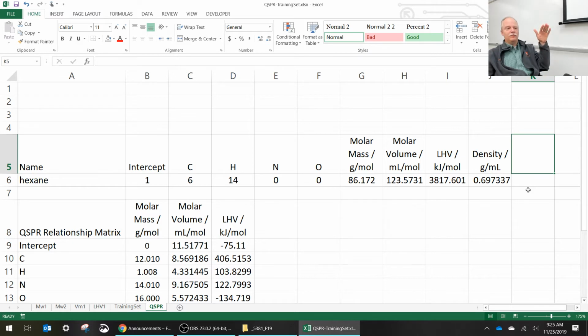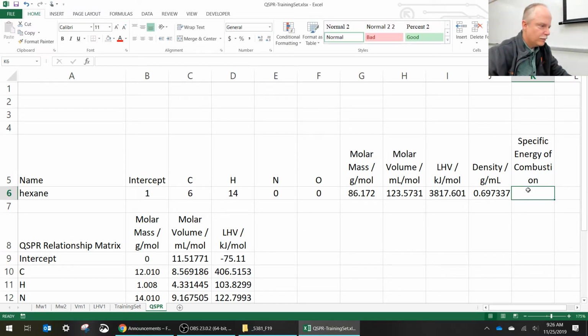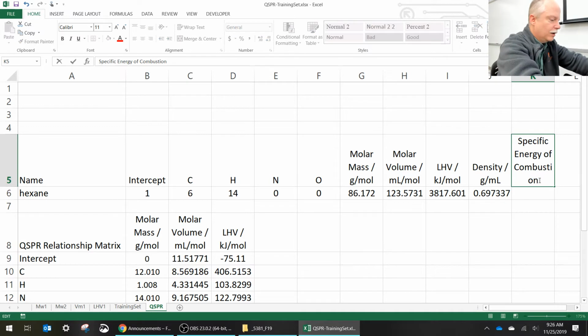So we have kilojoules per mole, and we have grams per mole. So let's find the energy density in terms of mass, or specific energy of combustion. I'm going to call this kilojoules per kilogram. But then I've got to make sure I get the units right.